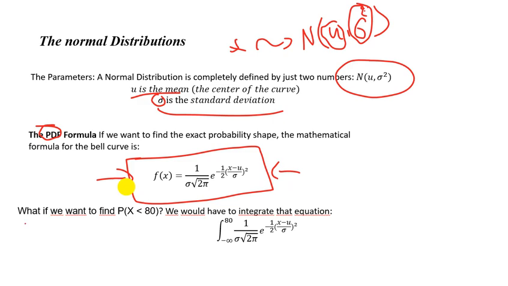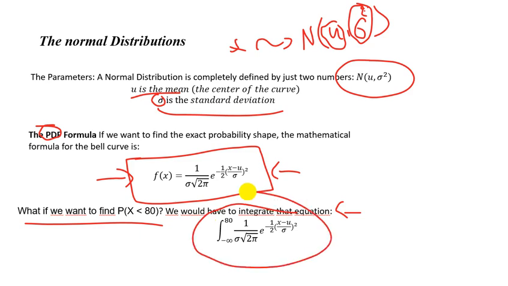For example, if you want to find the probability of X less than 80, simply we would integrate this function. We find the area below the curve of this function, from the very beginning, which is minus infinity, because the normal distribution is defined from minus infinity to plus infinity.